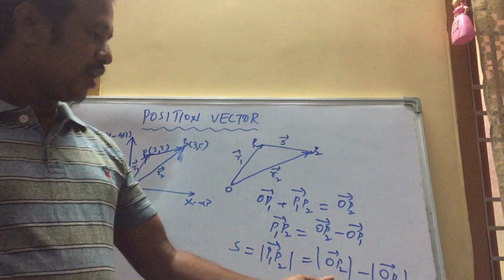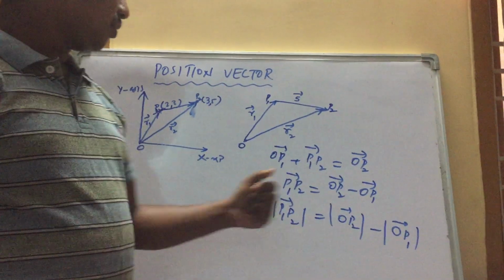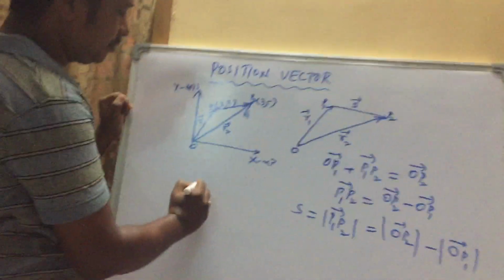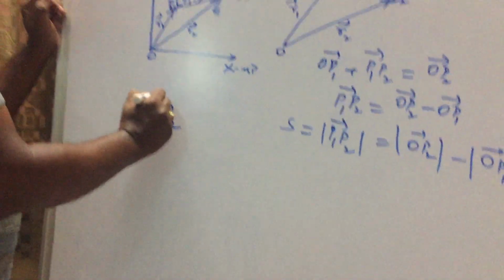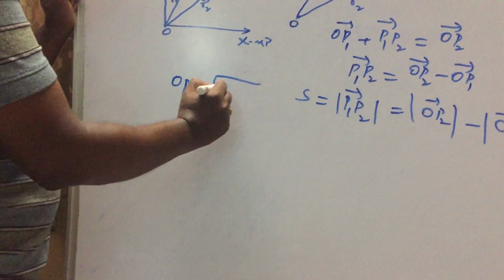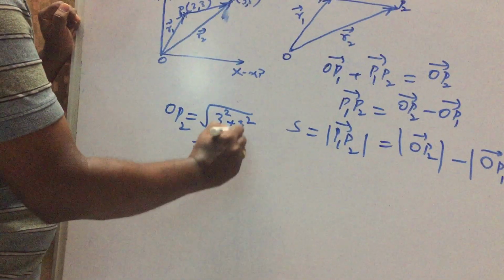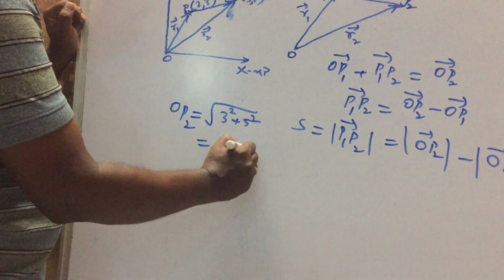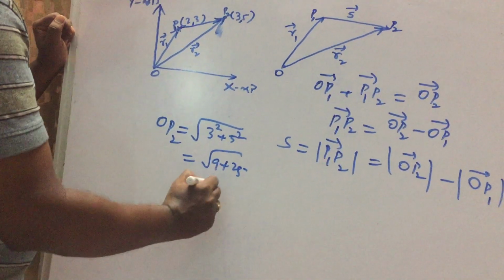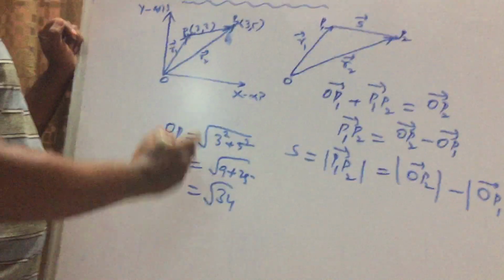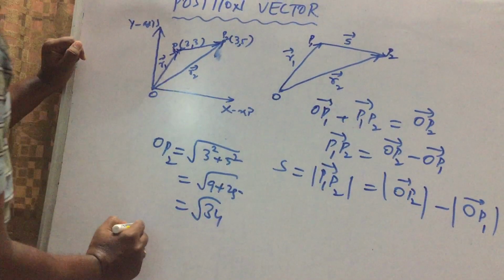Now how do we find the magnitude of OP2? OP2 is right here, 3 comma 5. The magnitude is the square root of 3 square plus 5 square, 9 plus 25, equal to 34, root 34. What about the magnitude of OP1?